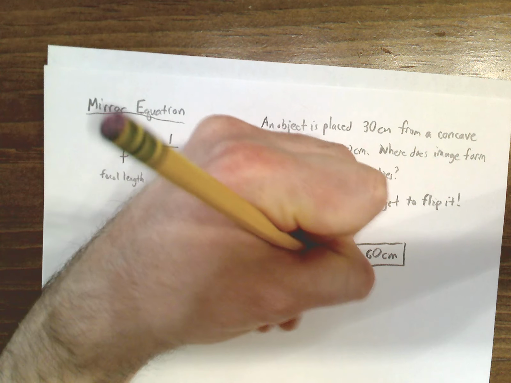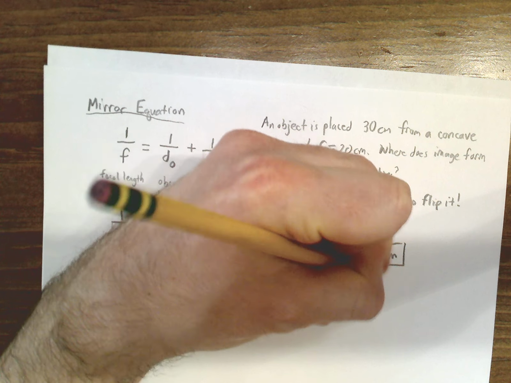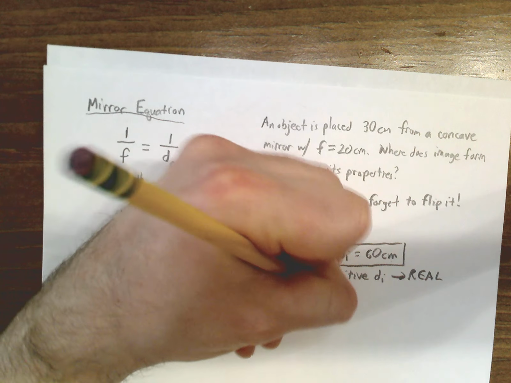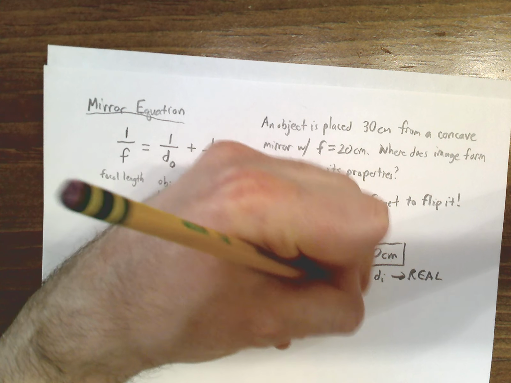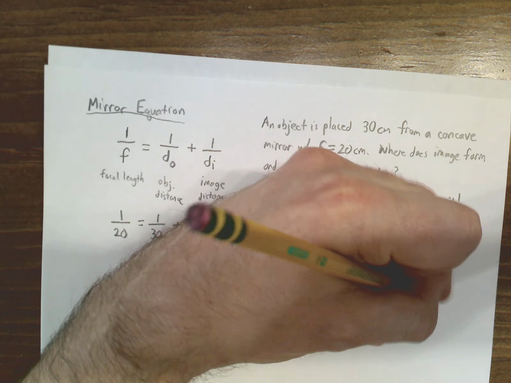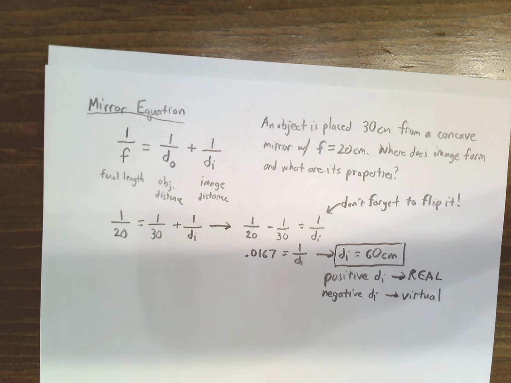So positive di says it's real. If we had a negative number for whatever reason, that would mean that it's virtual. So the sign of your image distance tells you real versus virtual.